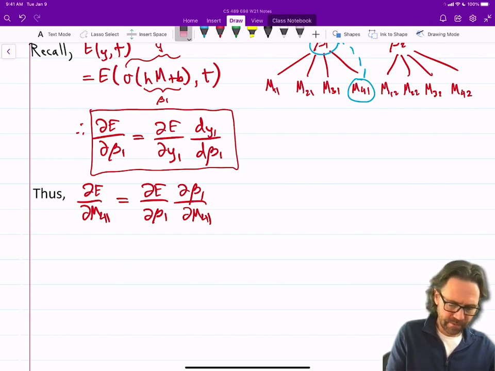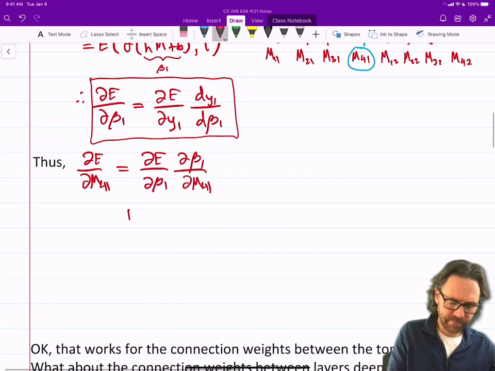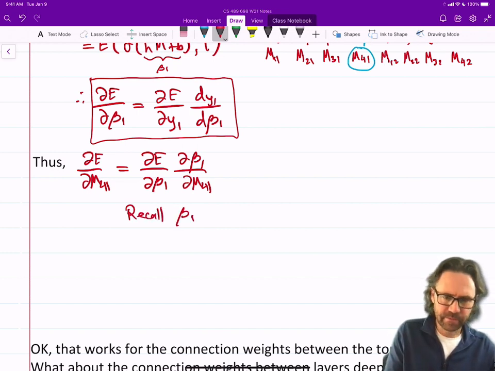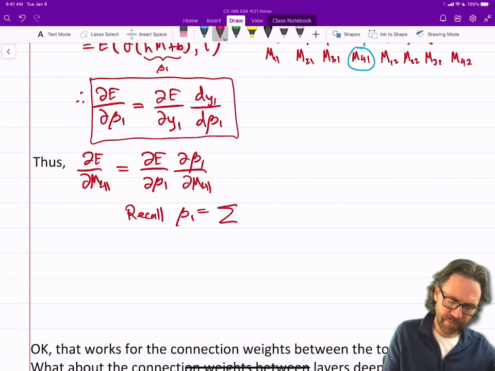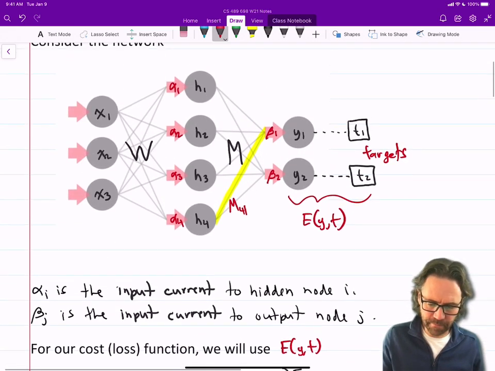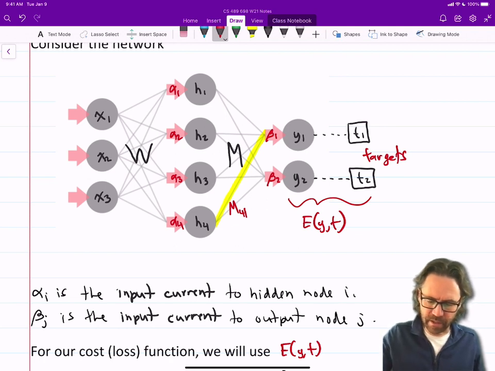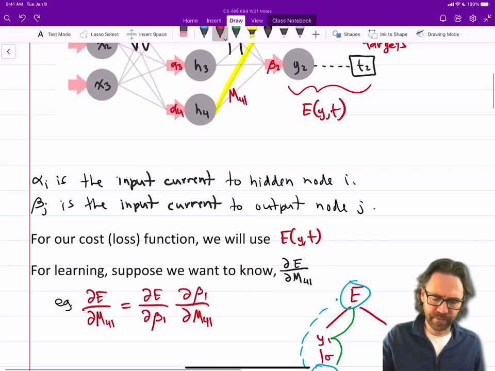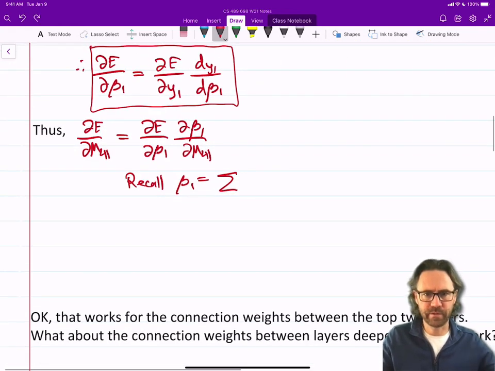Now recall what beta 1 equals. Beta 1 is the sum from all 4 of these nodes here, the weighted input current.